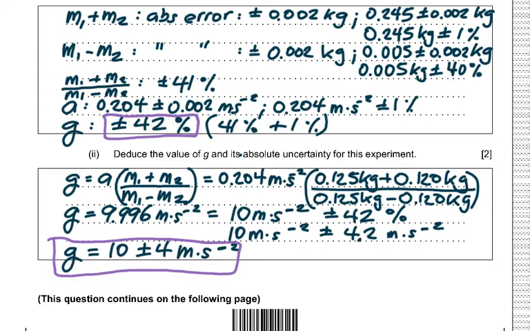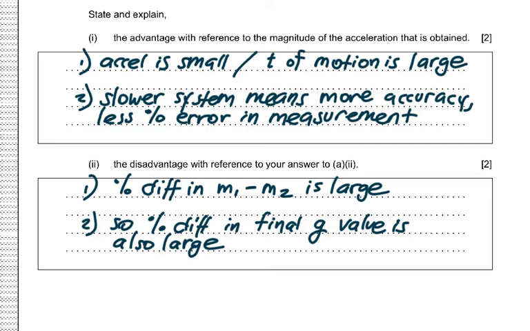And it's 40% because the values of M1 and M2 are close to each other, and so the difference between M1 and M2 yields 0.005, but with an absolute error of 0.001 kilograms, when you add those together, you get 0.02 kilograms, and so on. We get 40% error on that measurement. So maybe if the masses were too close to each other, that does not actually serve our purposes. And that percentage difference carries through.